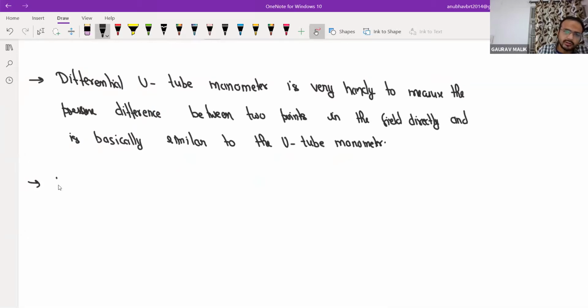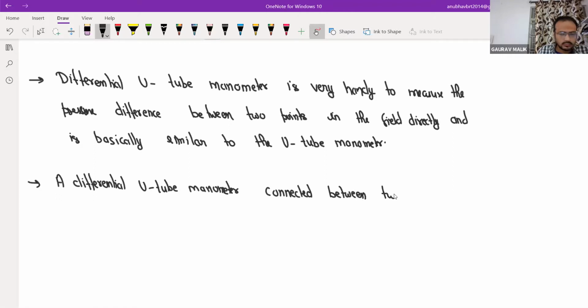A differential U-tube manometer connected between 2 points 1 and 2 in a pipe through which fluid is flowing.